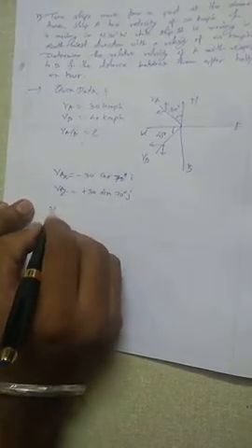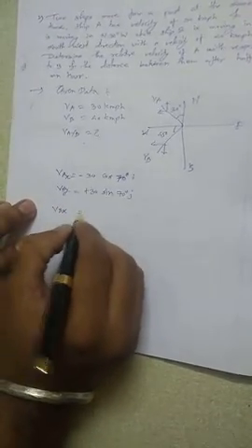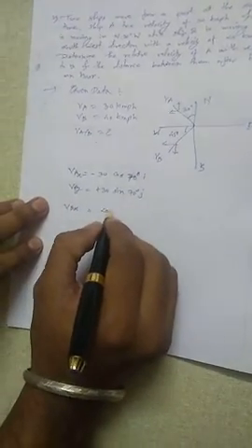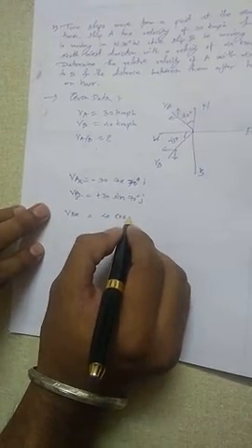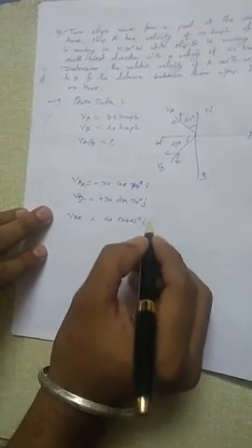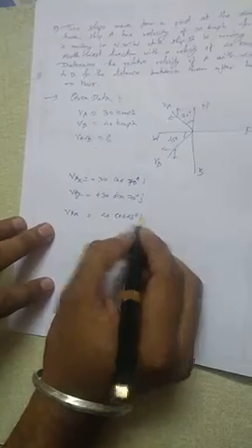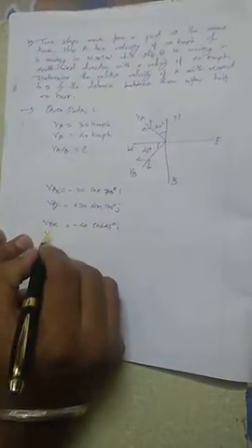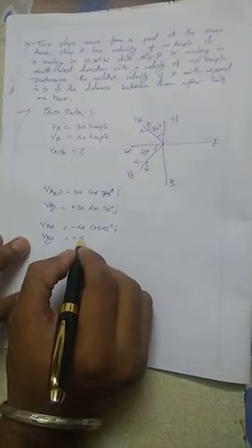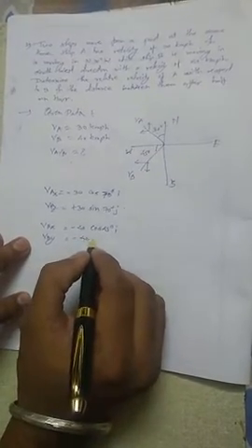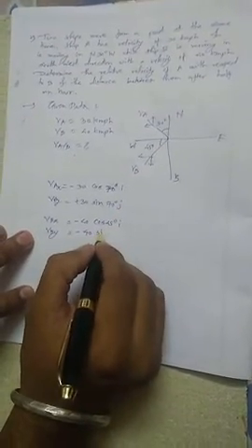Similarly, for the velocity of B, the x component is 40 cos 45 degree i, with a negative sign because it is in the negative x direction. The y component of ship B is in the negative direction, minus 40 sin 45 j.